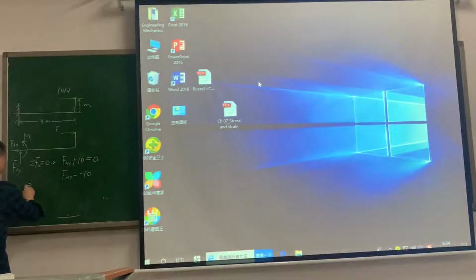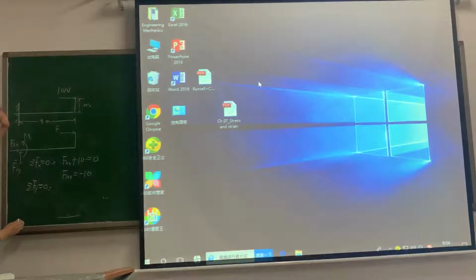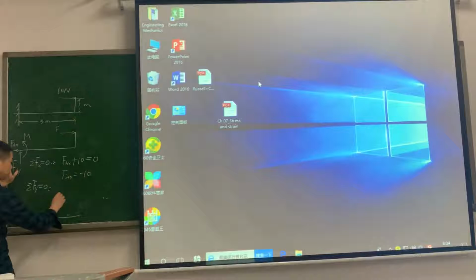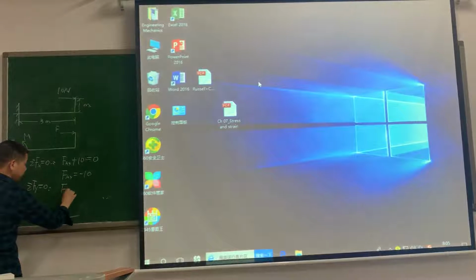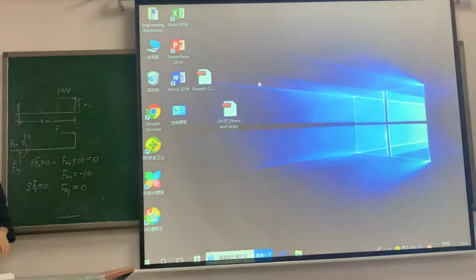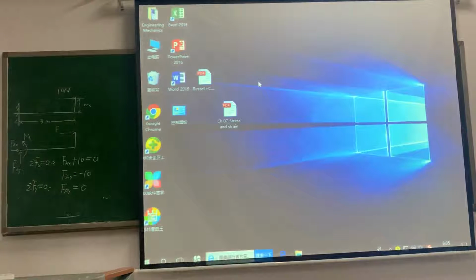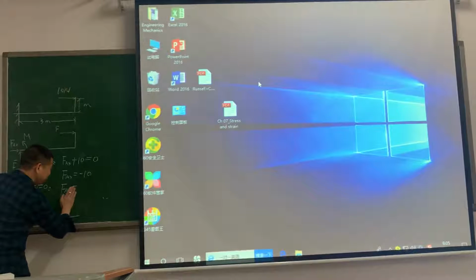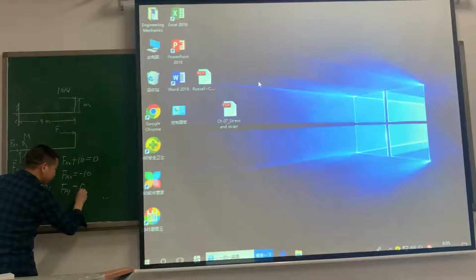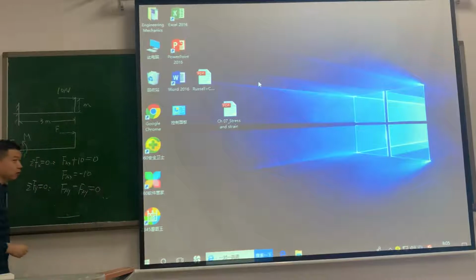Second, sigma Fy is 0. In the y direction, there is just one force. So, Fay minus Fay equals 0. What's the meaning?